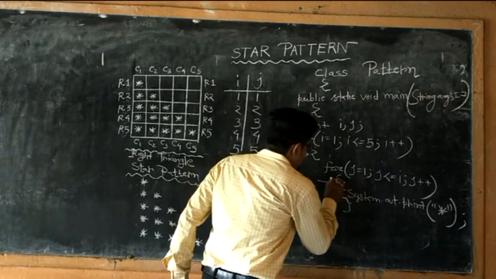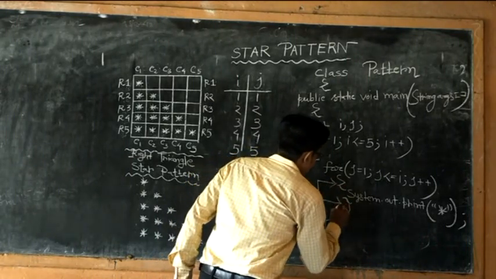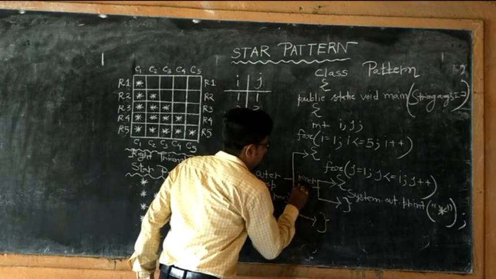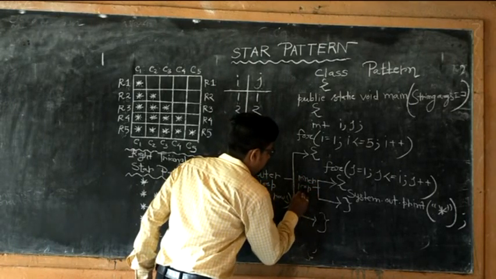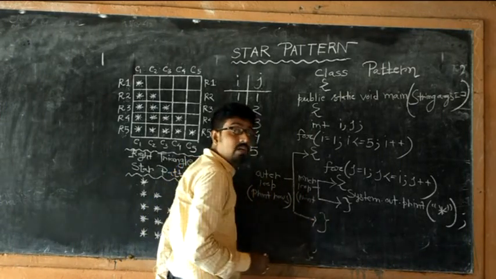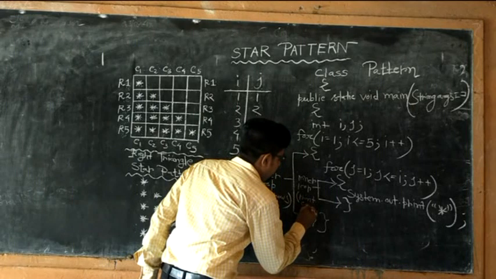Now this one is your inner for loop. This one is your inner loop. It always prints the column numbers.